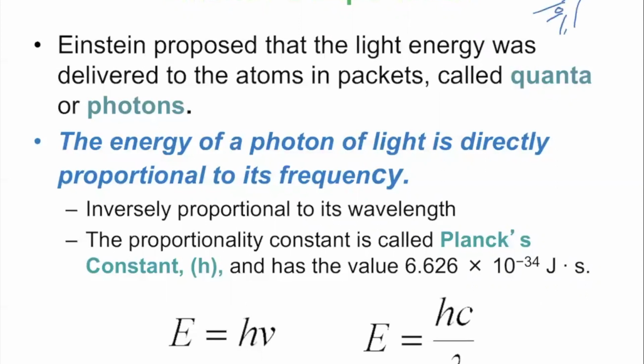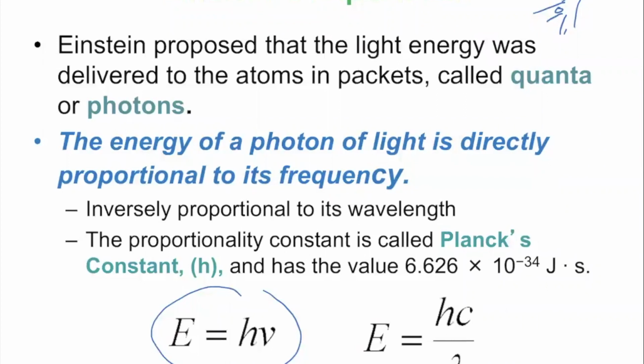These pockets of light are going to depend on frequency according to the relationship he's giving us here. E stands for energy, and h is Planck's constant. Those pockets of light are quantum, like each pocket has a certain amount of energy.